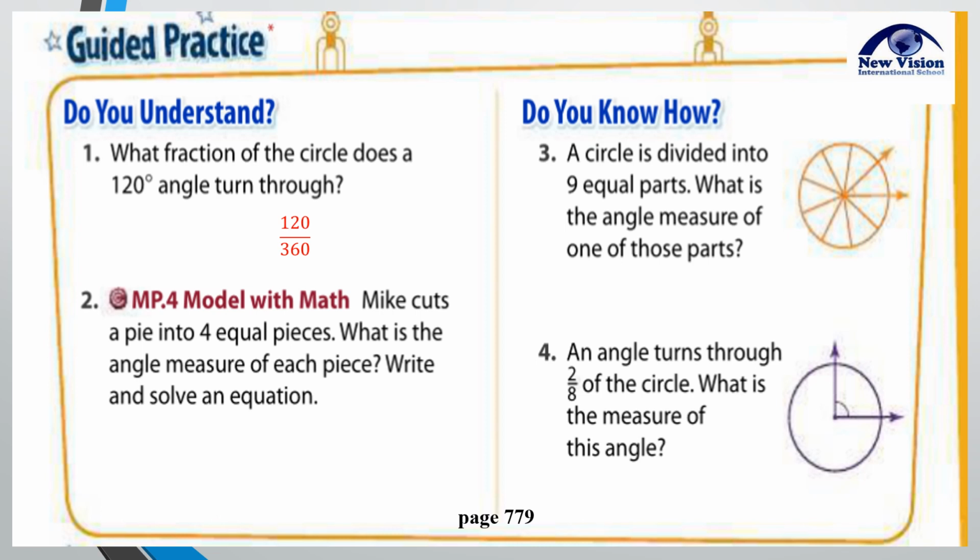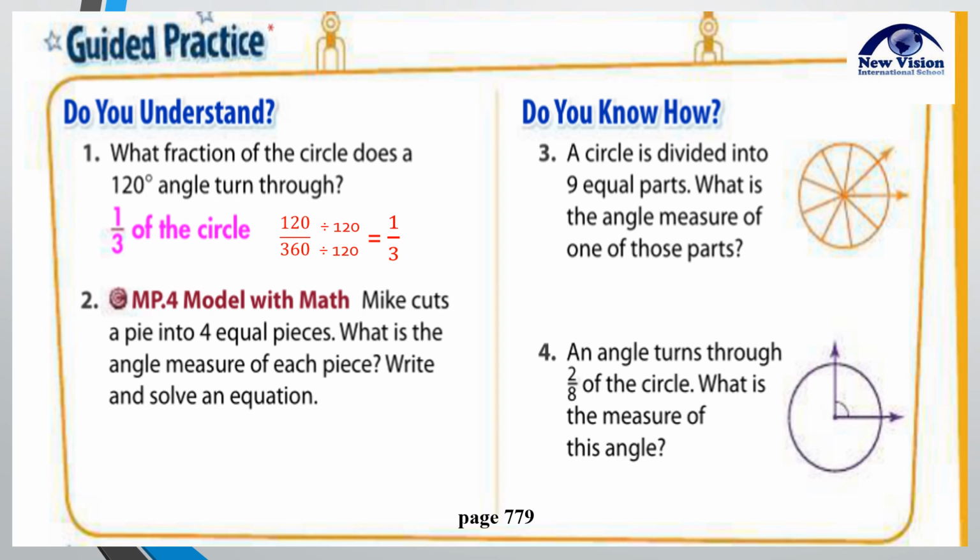And 120 and 360 can be divided by 120. So it's going to be 120 divided by 120 and 360 divided by 120. So it's going to be 1 over 3. Therefore, the answer is 1 over 3 of the circle.